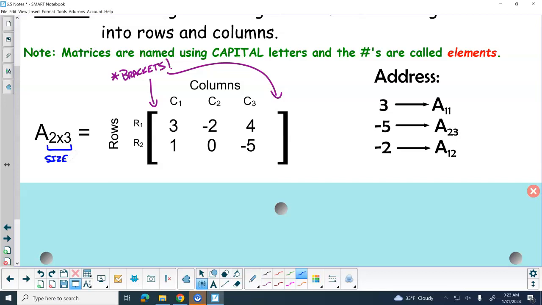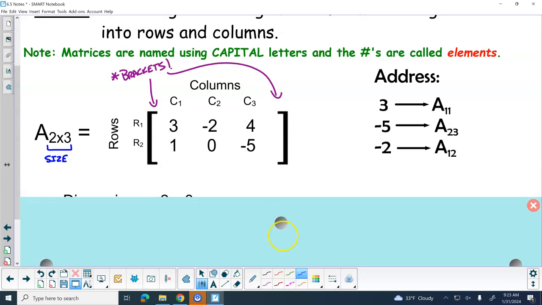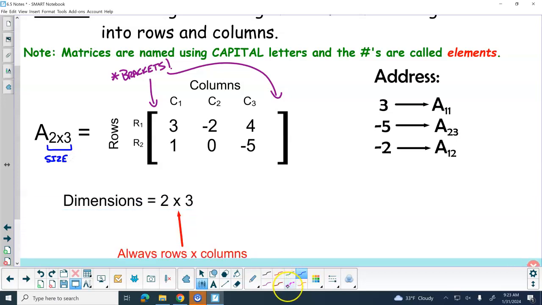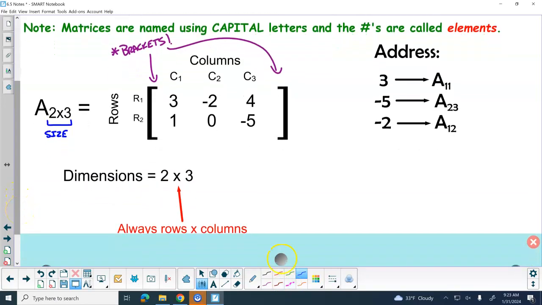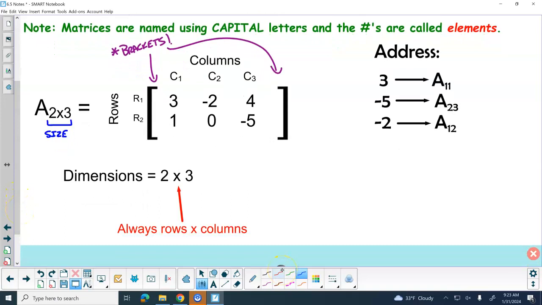The size is always going to be, and everything that happens with matrices is always rows by columns. Everything about a matrix is rows by columns. So the size or the dimensions of this matrix is 2 by 3 because there are 2 rows and 3 columns.